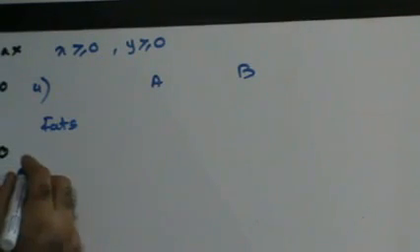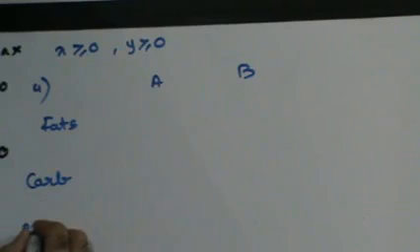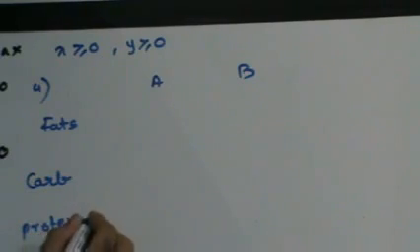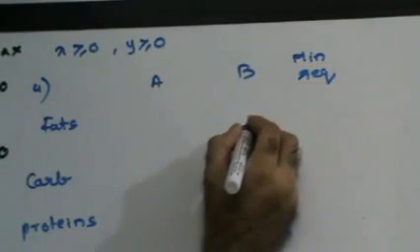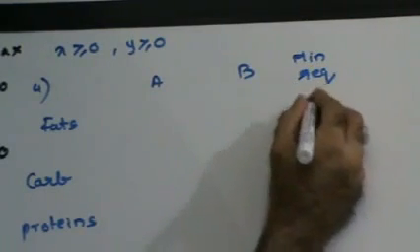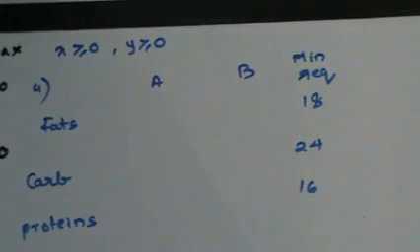The minimum weekly requirement of fats, carbohydrates and proteins is 18, 24 and 16.